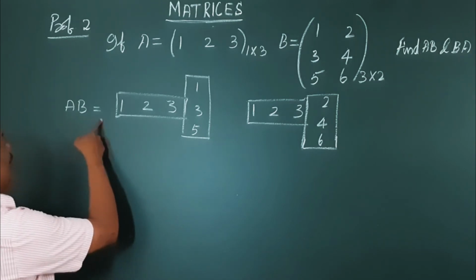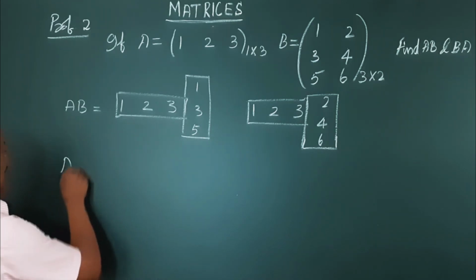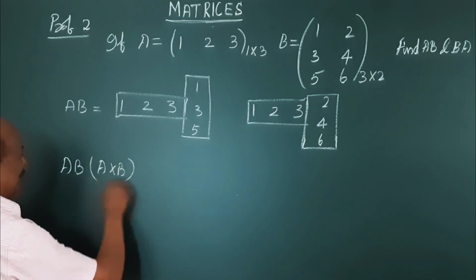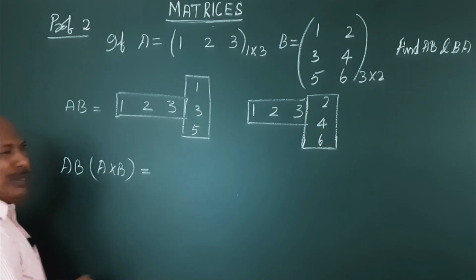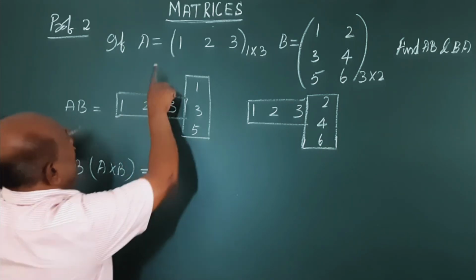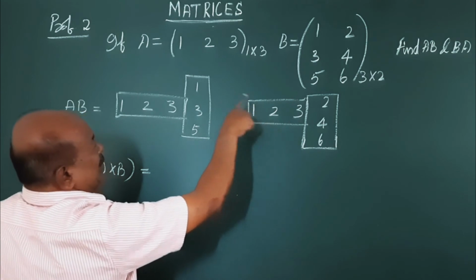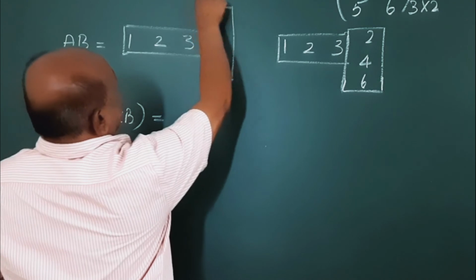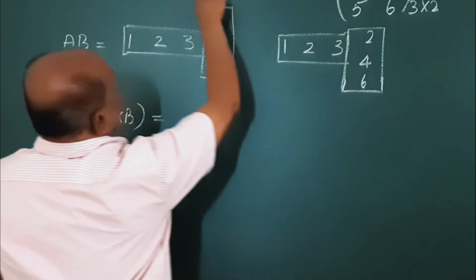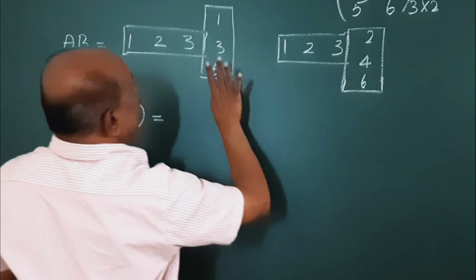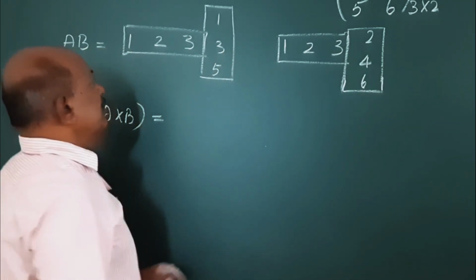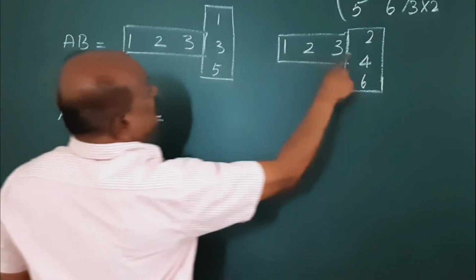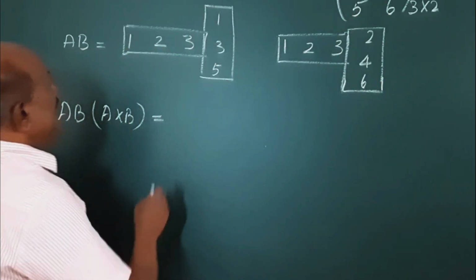Here AB equal to A into B matrix. Now the A matrix multiplied with the B matrix is row by column multiplication. Here first row with the first column, first row with the second column.